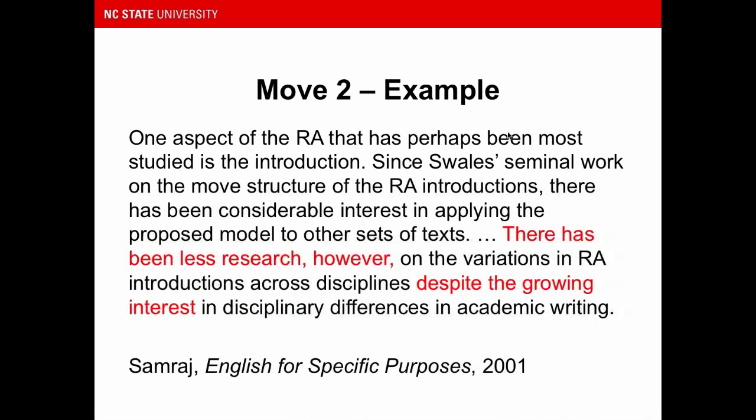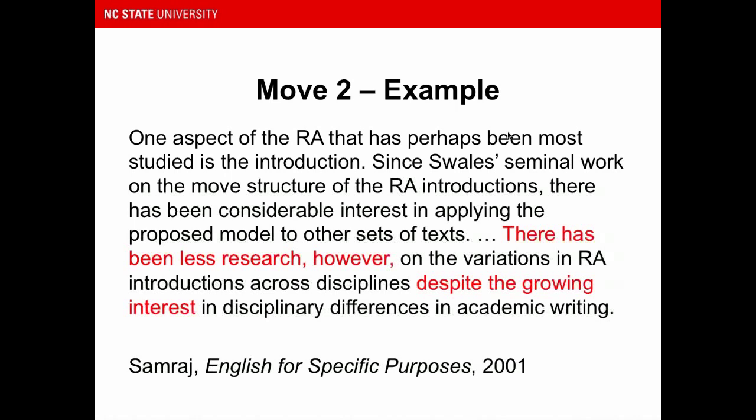So here he's doing a really good job of moving from, okay, here's the set of knowledge we've established. He's ending his literature review. He makes a very clear claim, though, for what is still not known. He says, there has been less research, however. So this is really waving the red flag of, but wait, we don't know enough about this. And he doubles down on the importance of pursuing this problem by saying, despite the growing interest.